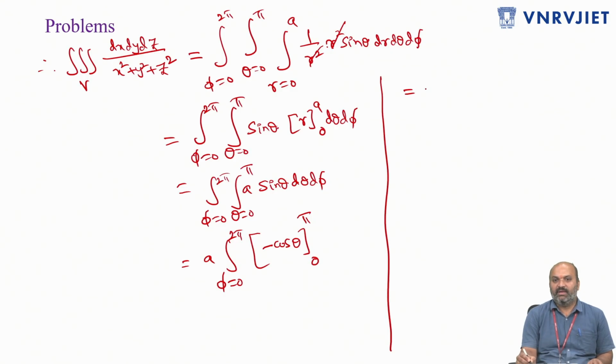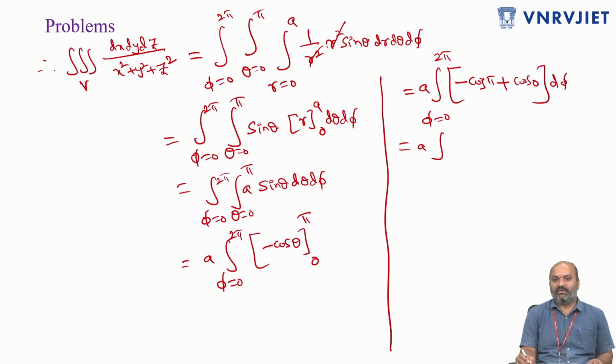That equals a times the integral with φ from 0 to 2π. Let's substitute the limits instead of θ: minus cos π, and substituting the lower limit, the minus becomes plus, cos 0, dφ.